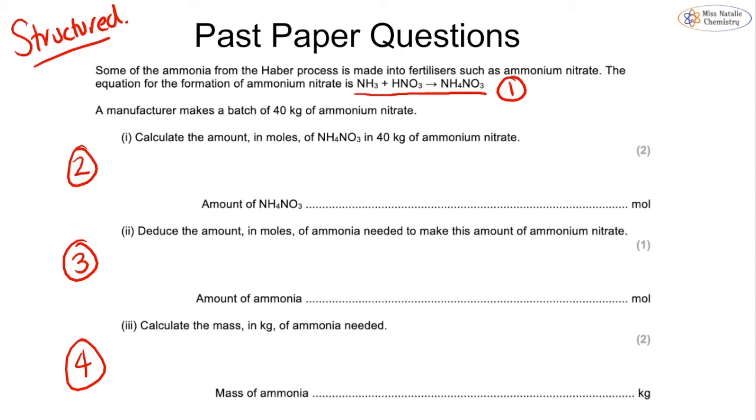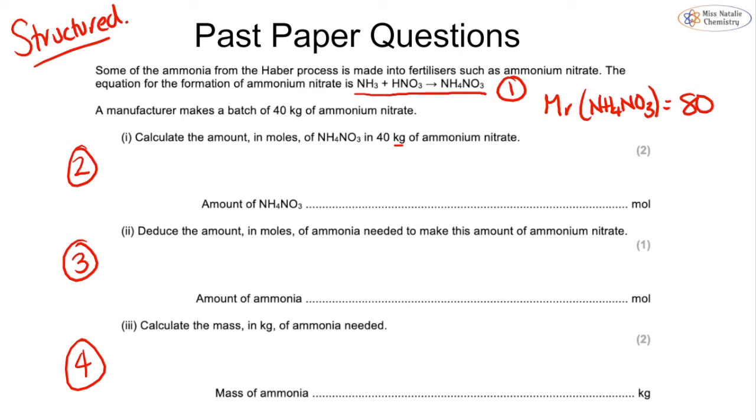So firstly, we want to calculate the number of moles of our substance. So our MR of our NH4NO3, you would need to work out, and that would give you a total of 80. And one thing that we need to be aware of is watch the units. This is in kilograms, and our MRs are all in grams.